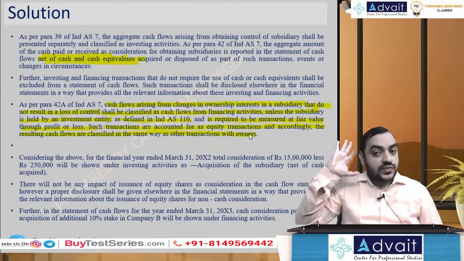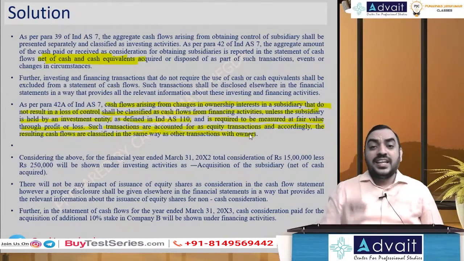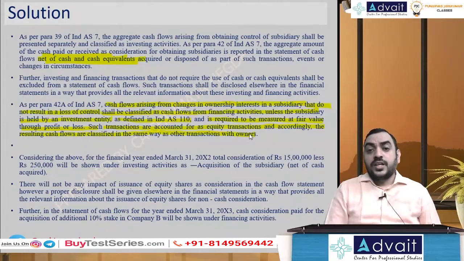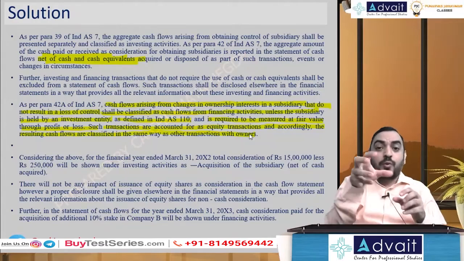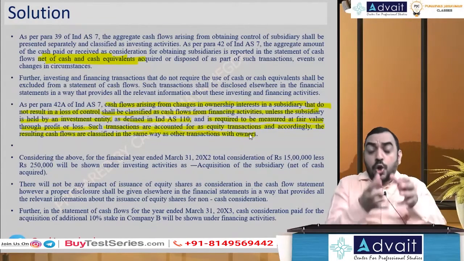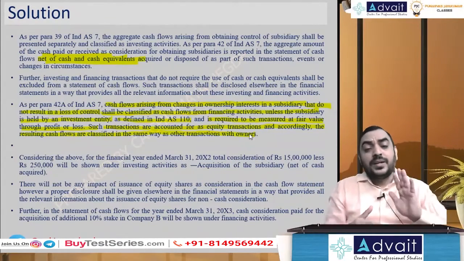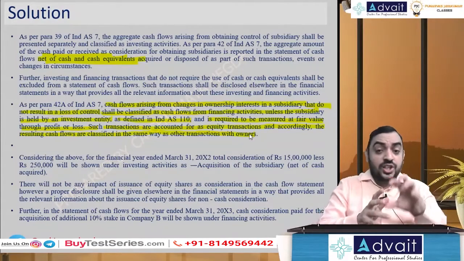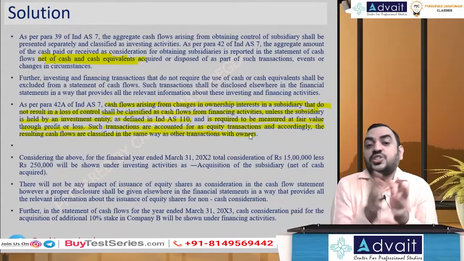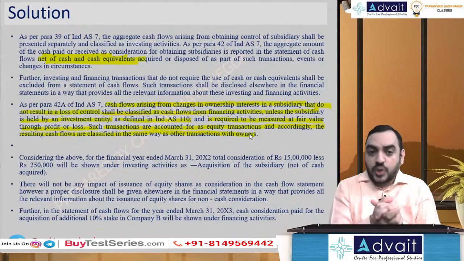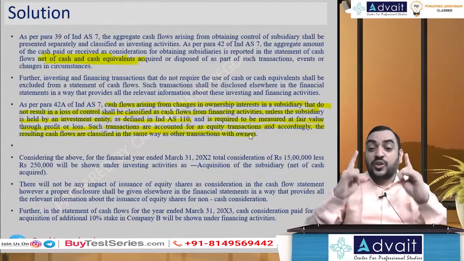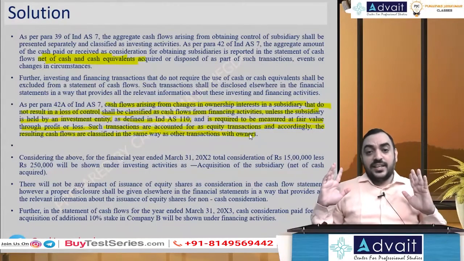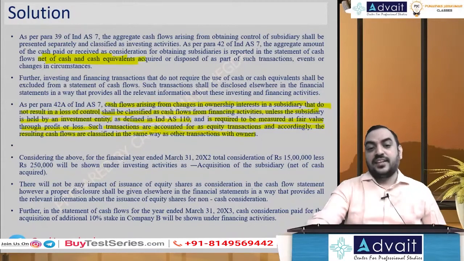As per AS it changes, but as per Ind AS goodwill is not changed when the control is not affected. If you acquire 10% more on 80%, it becomes 90%, or if you sell 10% of 80%, it becomes 70%. So in acquisition or disposal, the control is not changed. If control is not changed, it is not going to affect investing activity. It will affect only financing activity. That's what they're telling here.